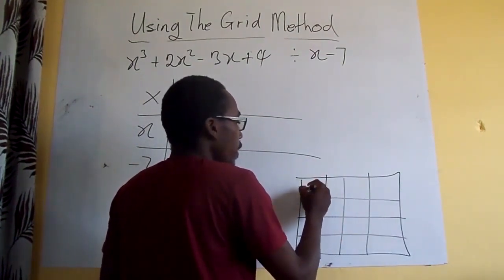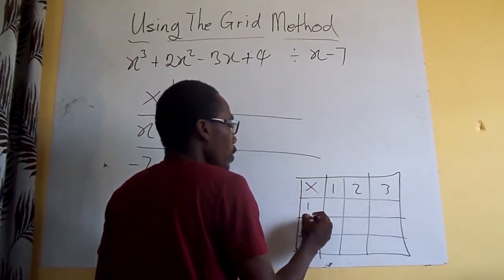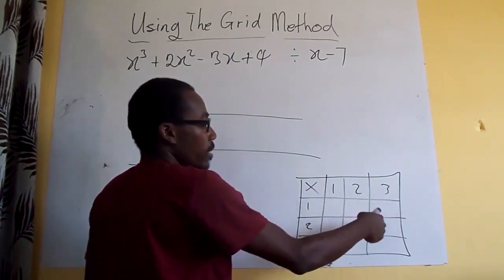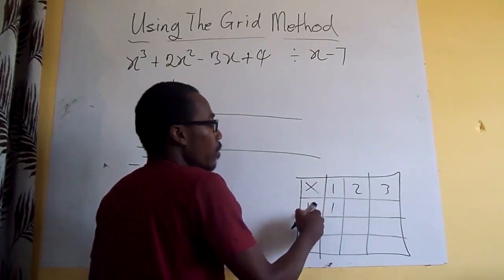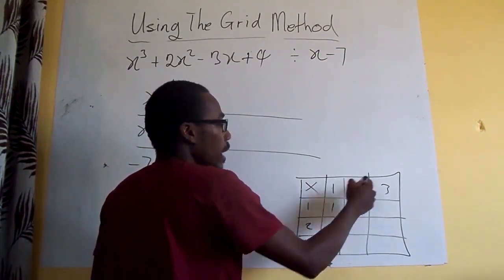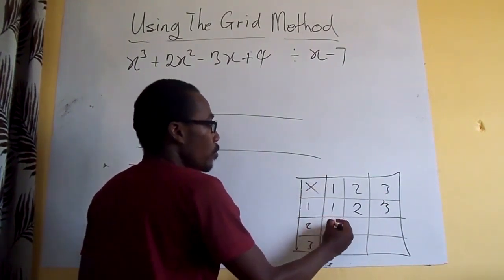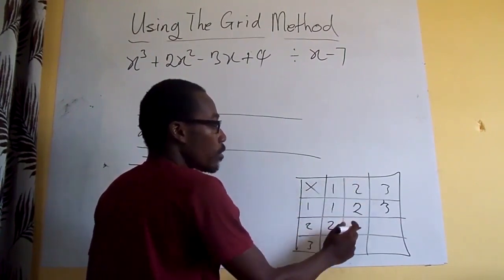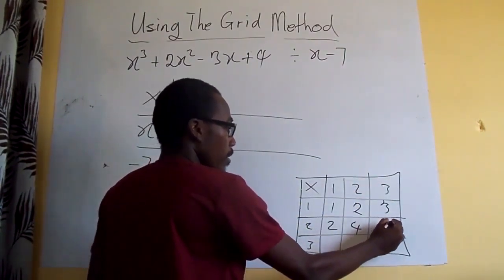So you have, let's say, times here, 1, 2, 3, and 1, 2, 3, and you are asked to get the values for these spaces. So 1 times 1 gives you 1, 1 times 2 gives you 2, 1 times 3 gives you 3, and then you come to this point. 2 times 1 gives you 2, 2 times 2 gives you 4, 2 times 3 gives you 6.